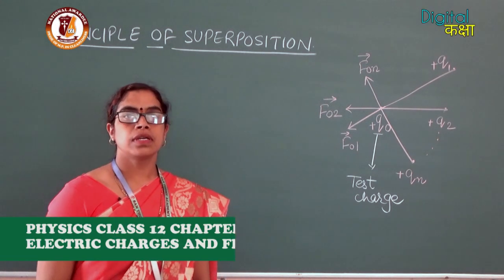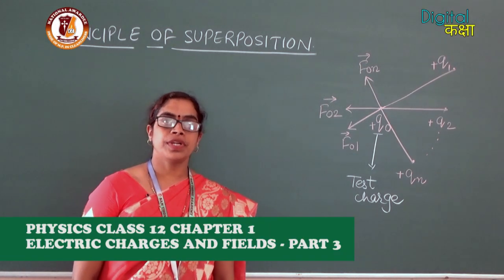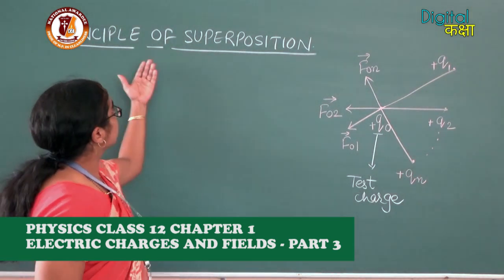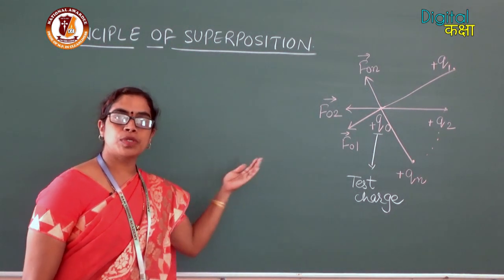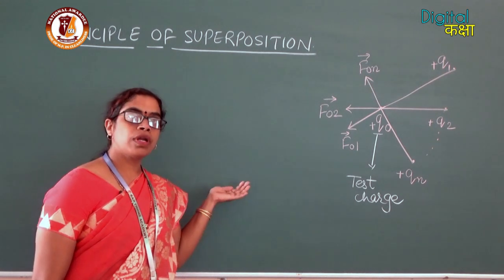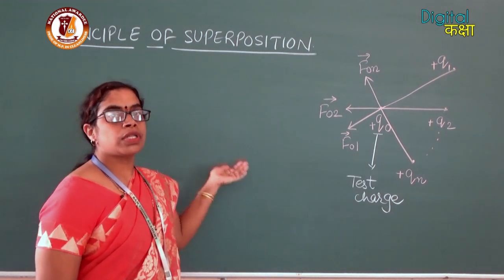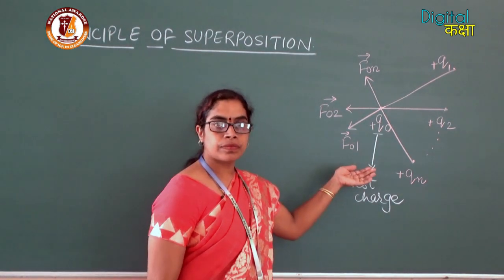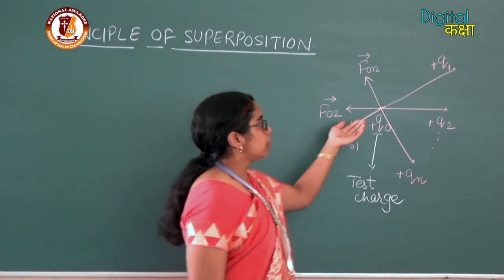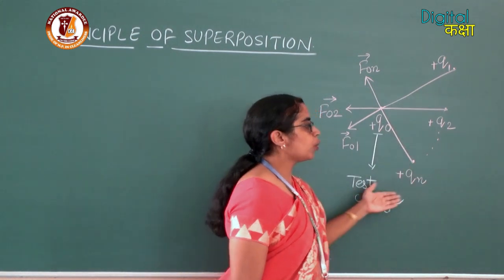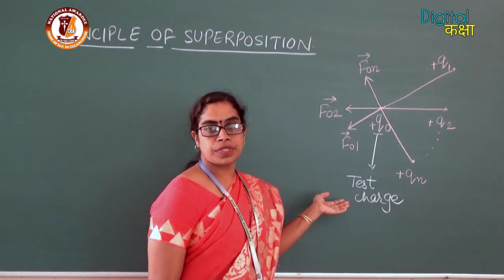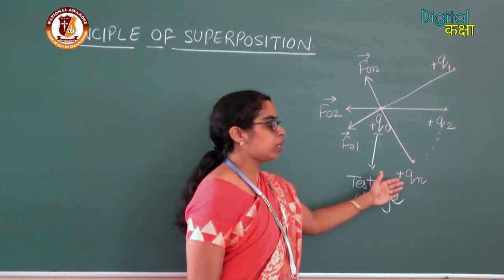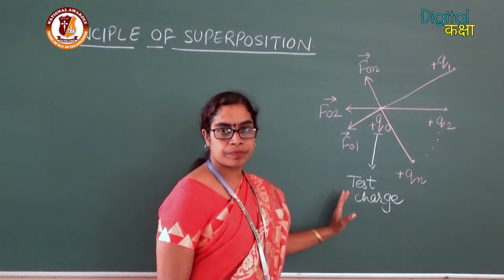Hello students, today in this video we will be studying about the topic that is principle of superposition. Before coming to the statement for this topic, let us understand the diagram. In this diagram, there is a system showing the n number of charges, that is Q1, Q2 and so on up to Qn.